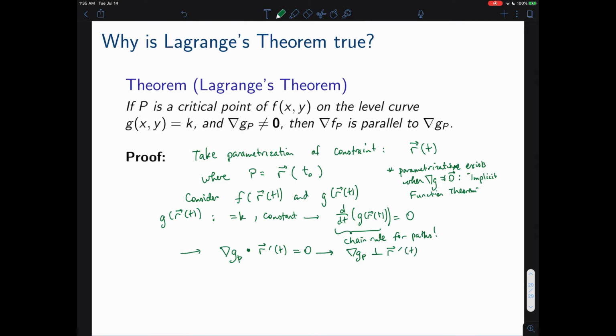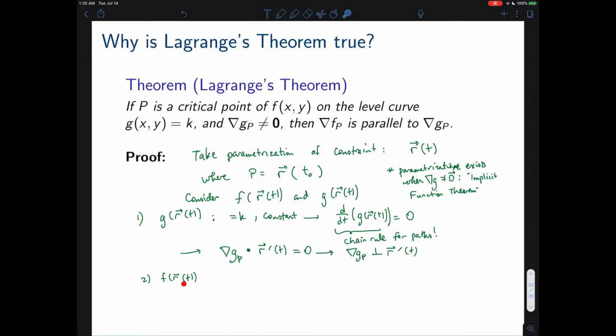Okay, well, now let's look at the other one, f of r(t). That is not a constant function. The value of f goes up and down as we trace along this curve.